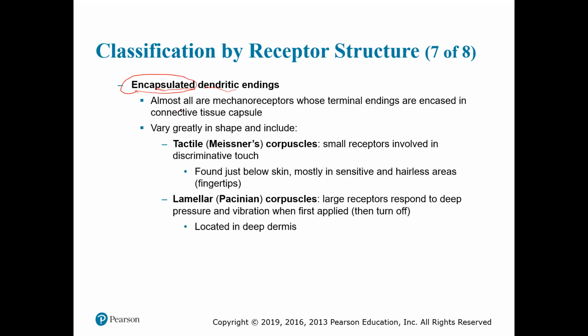So free nerve endings and Merkel discs are non-encapsulated, but now we're talking about the encapsulated ones because they're encased in this connective tissue capsule. And one type is Meissner corpuscle. The other is the Pacinian corpuscle. So Meissner's are pretty interesting because they're for discriminating touch, discriminative.